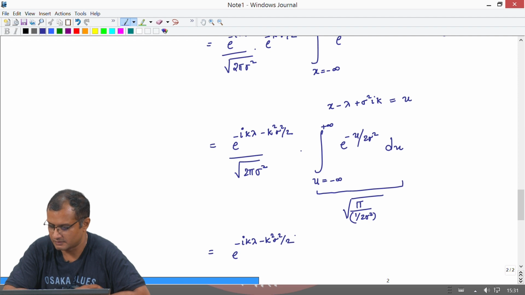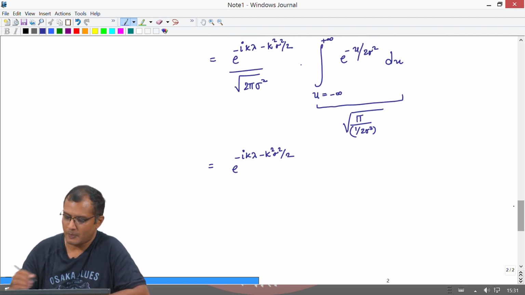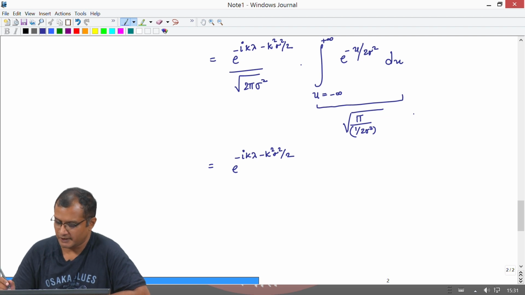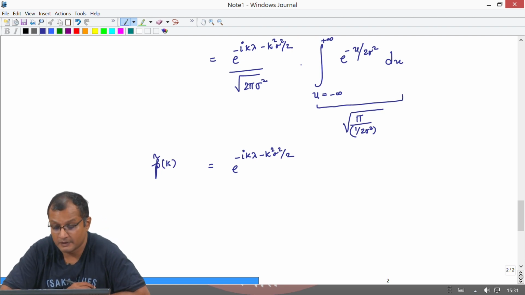Everything will cancel. Okay. So, fine. So, then this is the characteristic function corresponding to the Gaussian distribution.